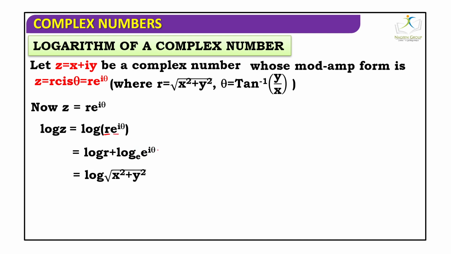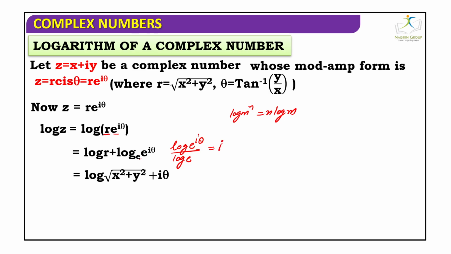Now, what is the value of r? Just substitute it: under root of x square plus y square, plus log of e to the power iota theta. This is with the base e, so I am writing log e. Now if you see any term with a power, the formula is n log m.